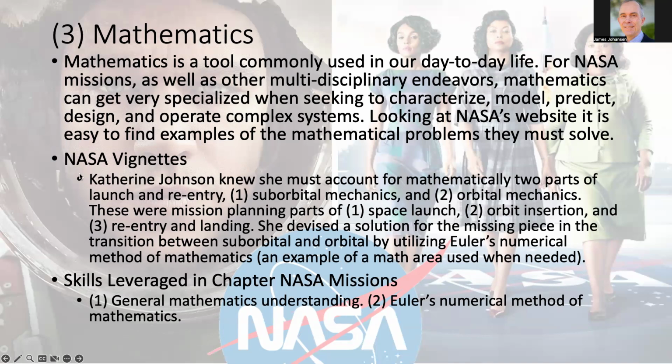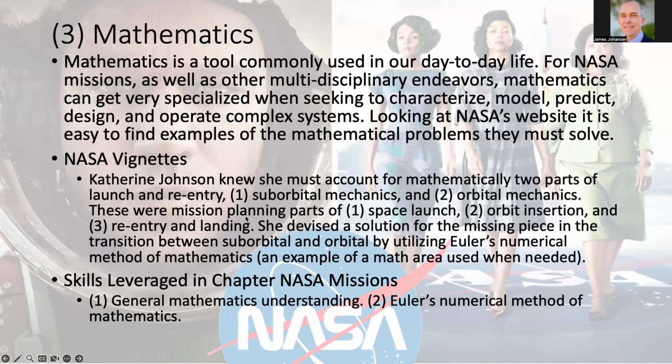In terms of vignettes, Katherine Johnson is a really good example here that she had to combine two parts, the launch and reentry for this overall mission. And it boils into a variety of things. And so there was a suborbital mechanics and orbital mechanics that had to be figured out.